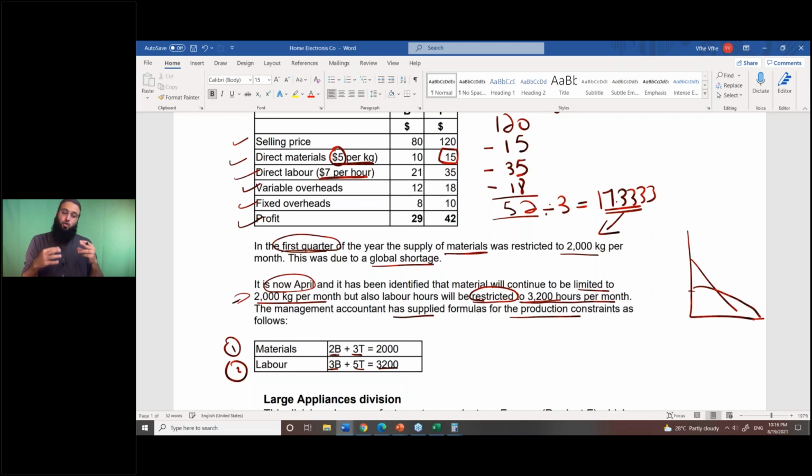These would have been the two lines on your graph and they would have intersected, and that intersection point is what you need to work out through simultaneous equations. Two limiting factors means two lines on your graph and they would have intersected. So the intersection point coordinates you need to work out, and that you'll do through simultaneous equations. So it's a simple simultaneous equation concept.